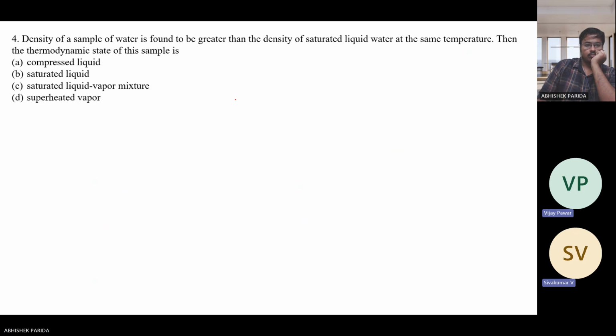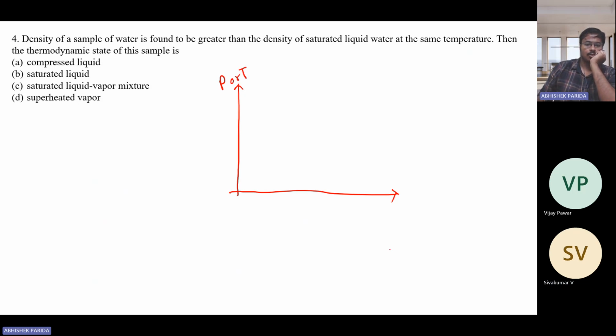Option C, specific volume. It's a reciprocal of density. Yeah, correct. Reciprocal of density is specific volume. Let us say it is V. So you're going in the right direction. Just think and tell me what is the answer.